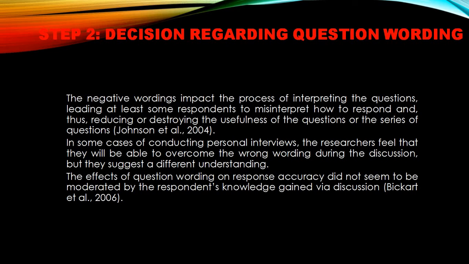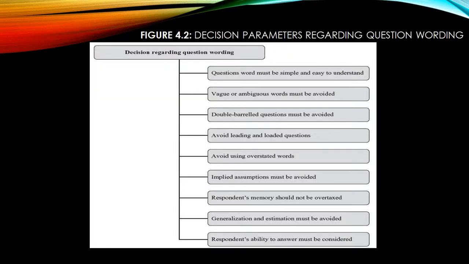So this is the step 2, that is decision regarding question wording. You can pause the video and give it a reading. That will serve the purpose. We have already discussed what you mean by question wording. Now these are some of the decision parameters regarding question wording. Okay, so the first one, question wording must be simple and easy to understand.